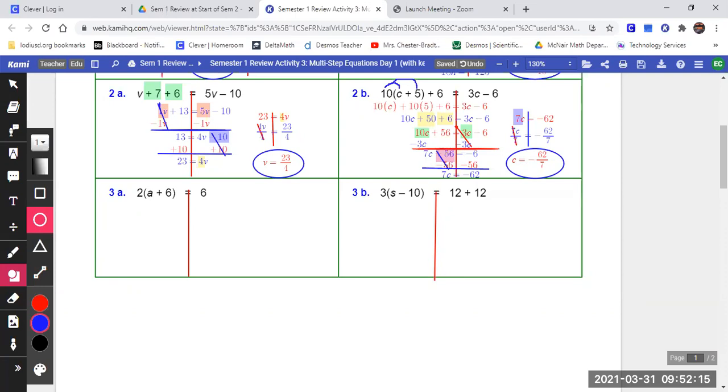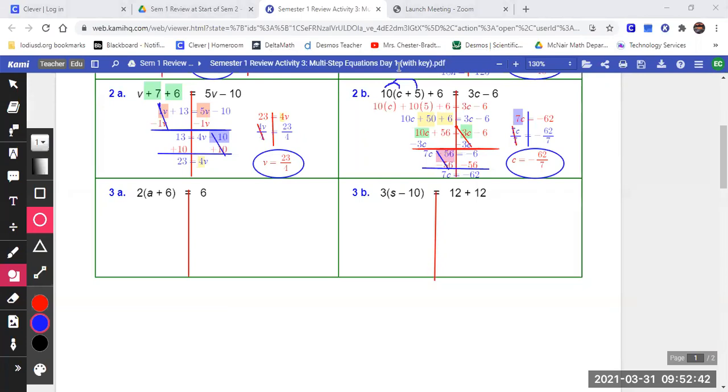How about if it was a 49 over 7? Would I simplify that one? Okay, so just because it's a fraction doesn't mean you leave it that way. You have to make sure you simplify it.